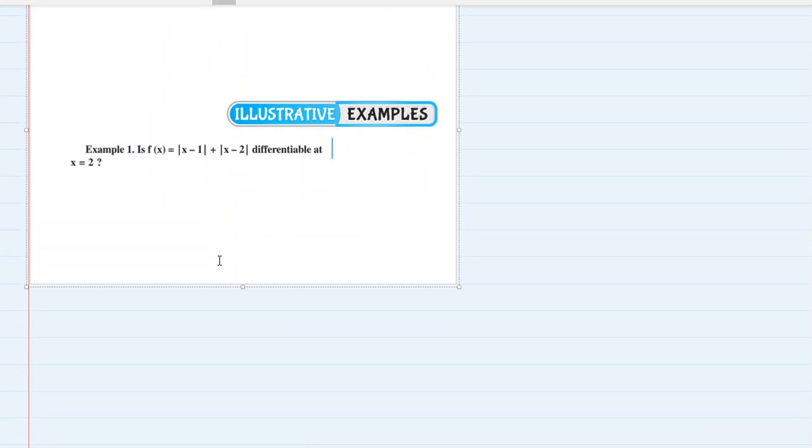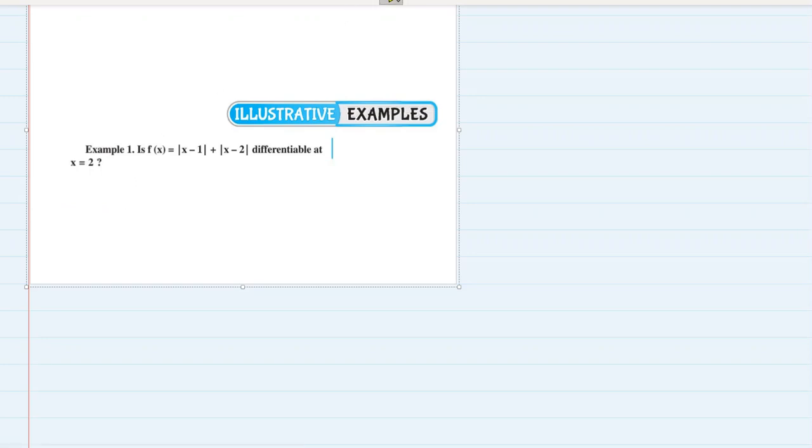So we find the differentiability approaching from the left side and then from the right side, known as left hand differentiability and right hand differentiability, and we check whether the left and right hand differentiability are equal or not. So that's what we have to do in this particular question.